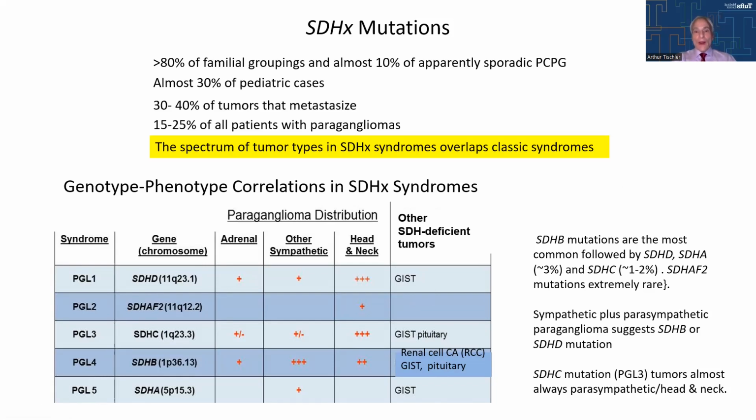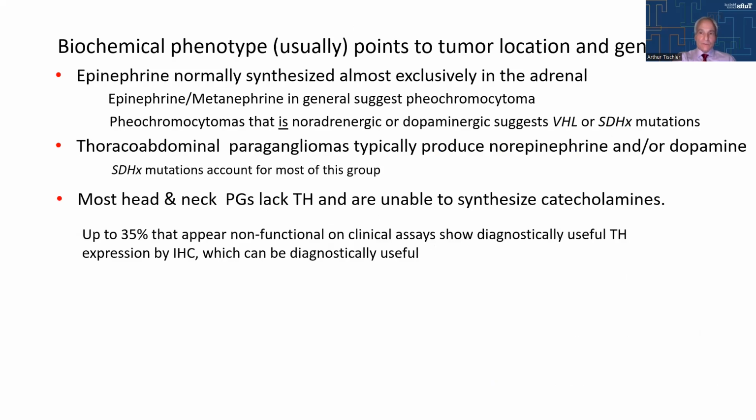So we have to be aware of these syndromic overlaps, and we also have to be aware of distinctive characteristics of these syndromically associated tumors that occur in patients with SDH mutations so that we can call attention to the possibility of syndromic disease. So starting with pheochromocytomas and paragangliomas, the biochemical phenotype of the tumor usually points to tumor location and to genotype.